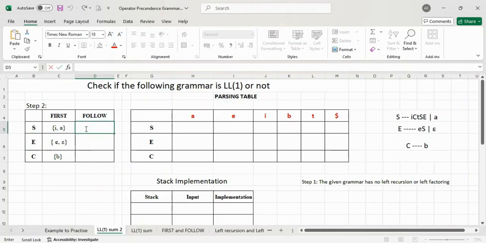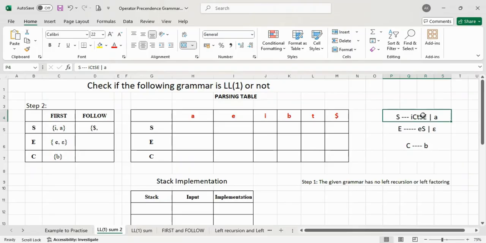Now when we start with follow, we know that the default symbol dollar is added in the list of the starting symbol. I repeat, as you all know, when we write the follow of the starting symbol, a default symbol dollar is added in the list. Let us check what is the follow of S. S is followed by a capital letter. By rule, when a capital letter is followed by a capital letter, you replace that capital letter with its first.